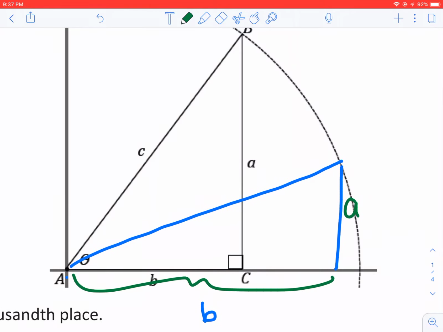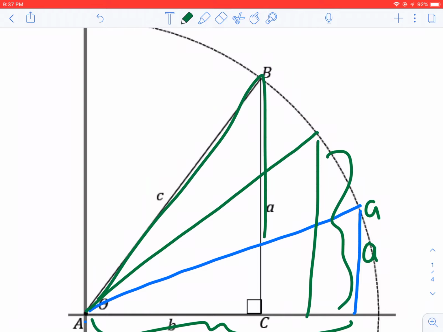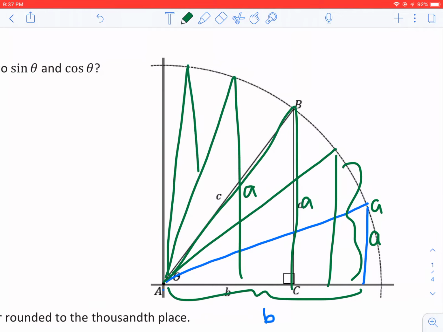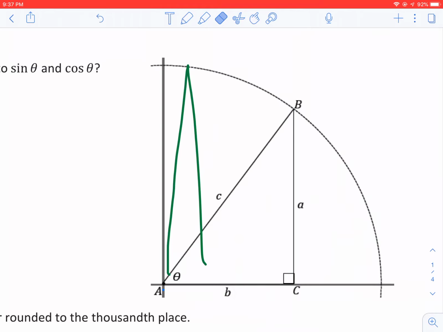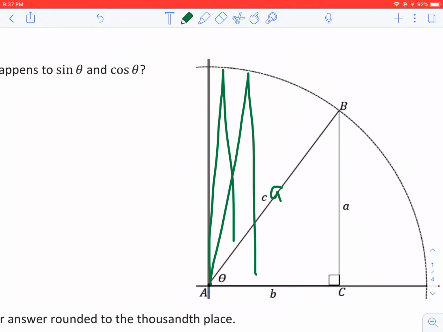So as I keep going, you'll notice A is still increasing. It's getting bigger and bigger, until it's almost vertical.